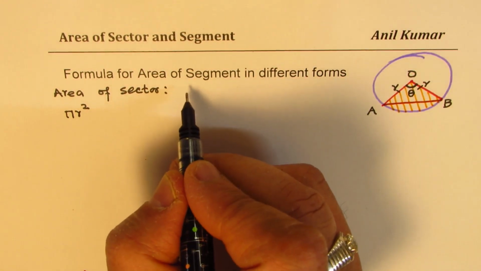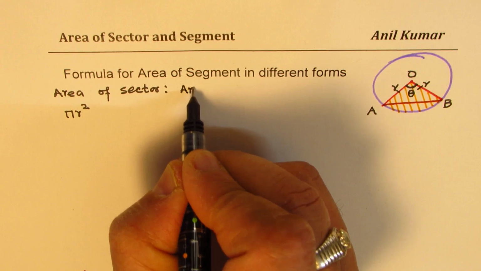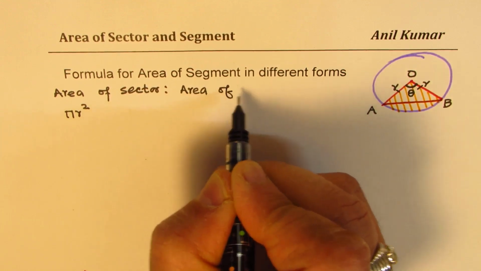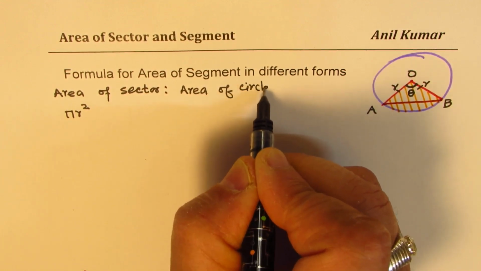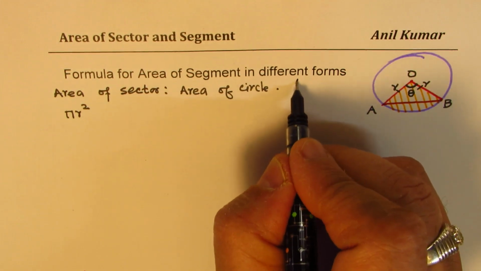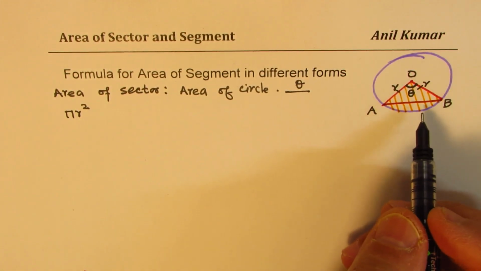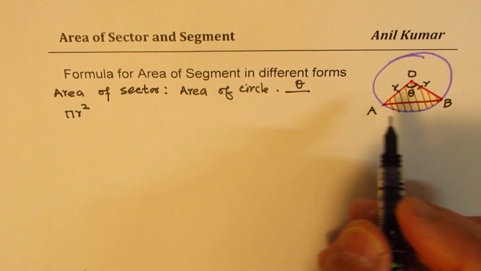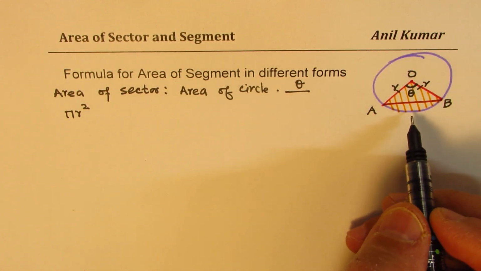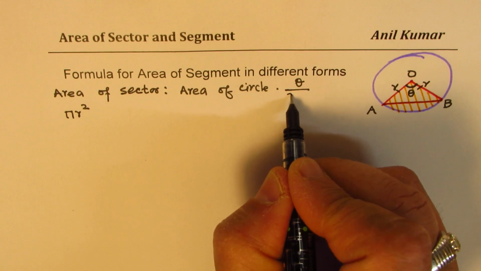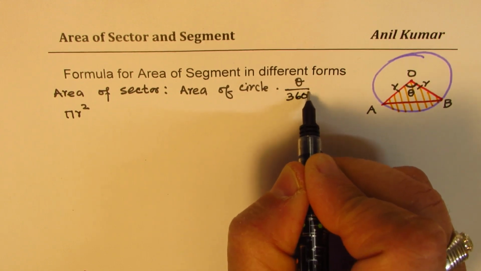So it is basically the ratio of area of circle times theta over, if you are working with degrees, then it is going to be 360 degrees.